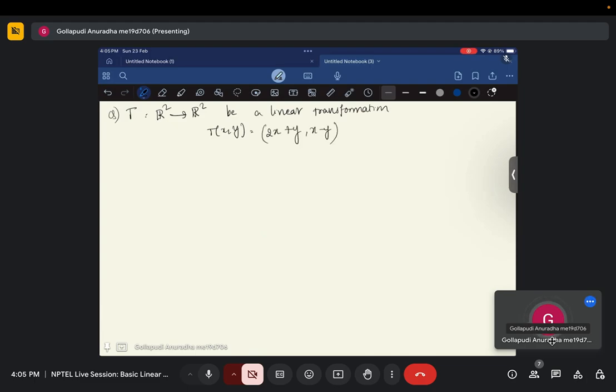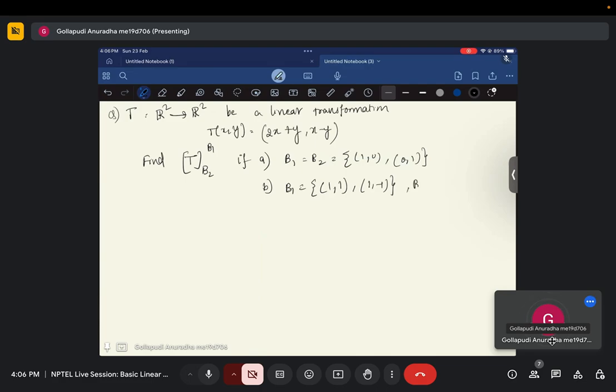Find the matrix from basis 1 to basis 2, if basis 1 is standard, and basis 2 is as given, and basis 1 is 1 comma 1 comma minus 1.